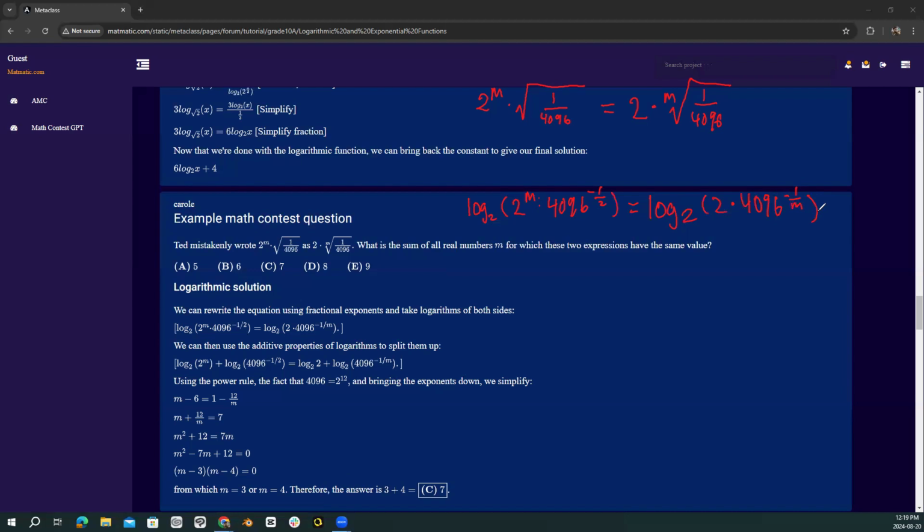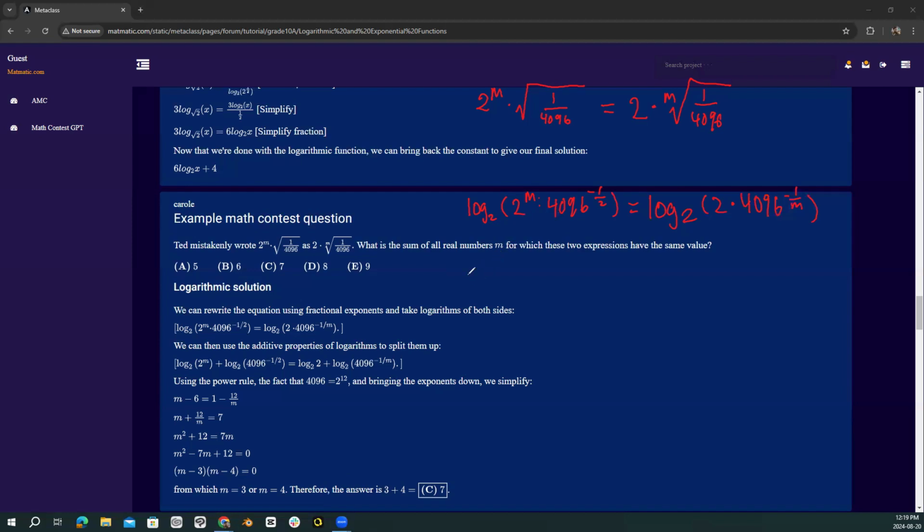Okay, so now that we've rewritten our equation, we can use the product rule, which I explained in my last lesson, to separate the two expressions and the stuff inside the brackets.